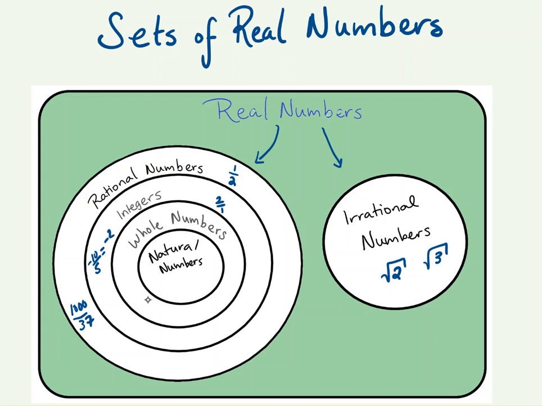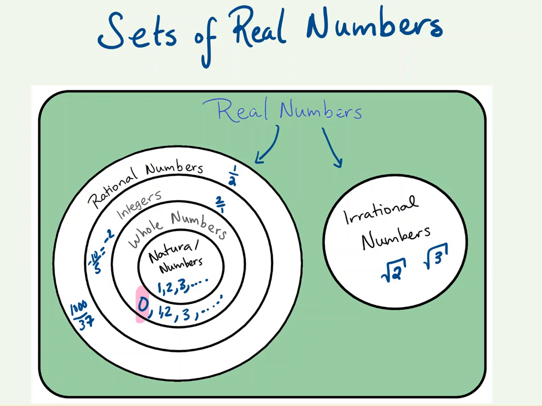Whole numbers are the integers that start at 0 and then go on to positive infinity, so 0, 1, 2, 3, and so forth. Natural numbers are just the numbers starting at 1 and increasing through the positive integers, 1, 2, 3. And these are different classifications of real numbers. The smallest category is the natural numbers, and then the whole numbers actually just add one additional element, 0, to the natural numbers.